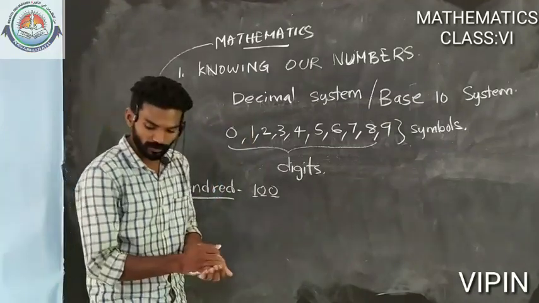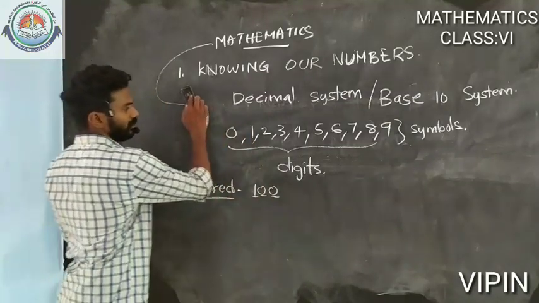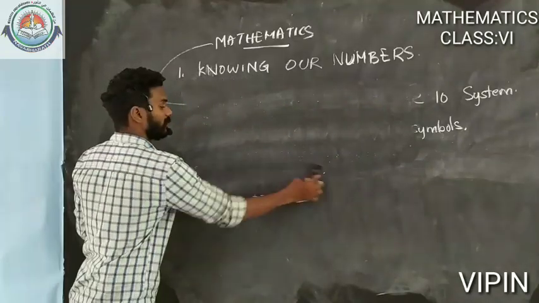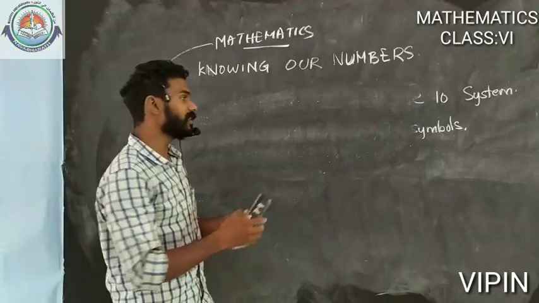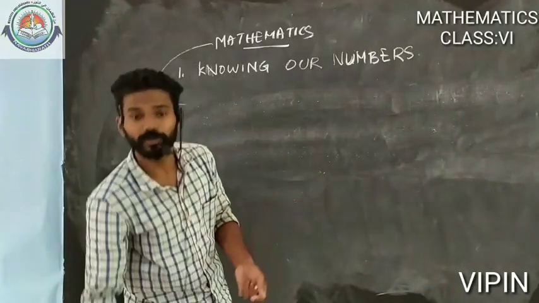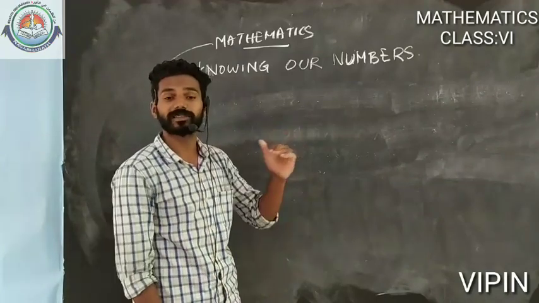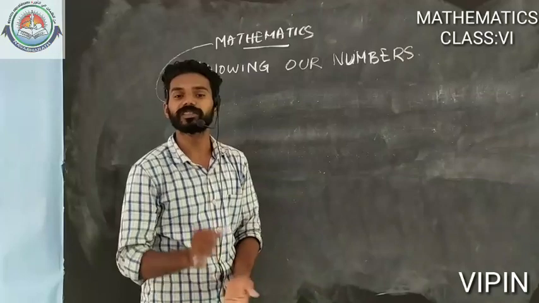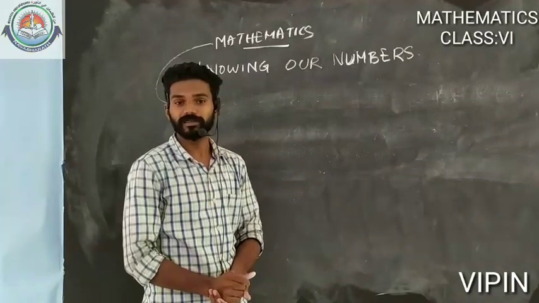Clear? So what we have discussed is that there is a number system called the decimal system, in which there are different types of numbers, and all those numbers are constructed by 10 symbols, and those 10 symbols are called digits.